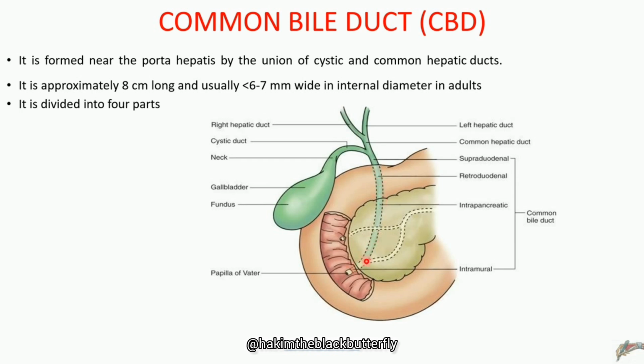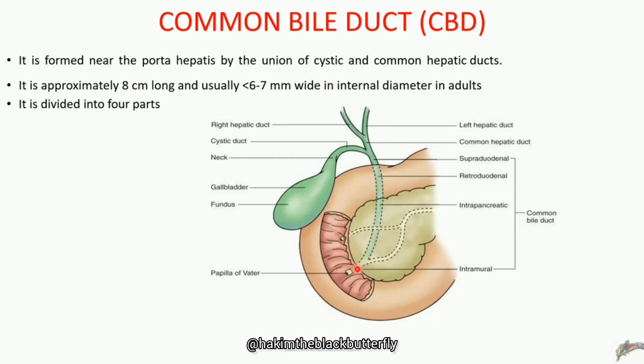And that is something very important during imaging studies. If it is seen that the common bile duct's internal diameter is above normal, in some cases it may be because of stones plugging at the ampulla of Vater.